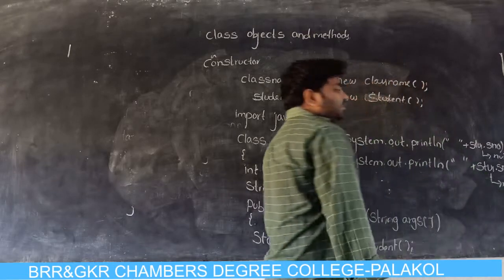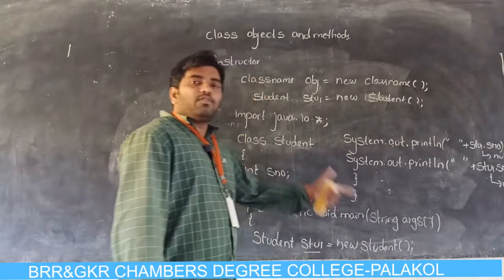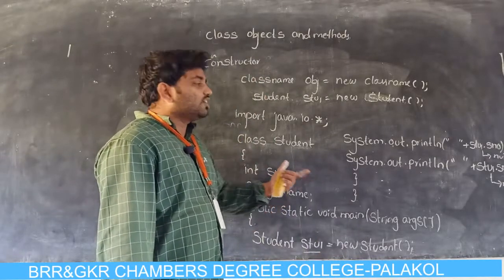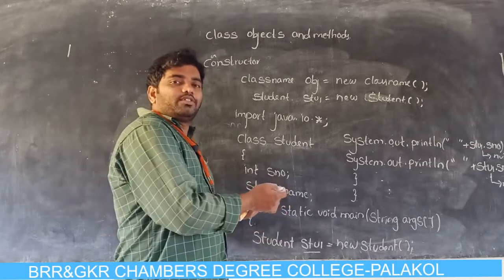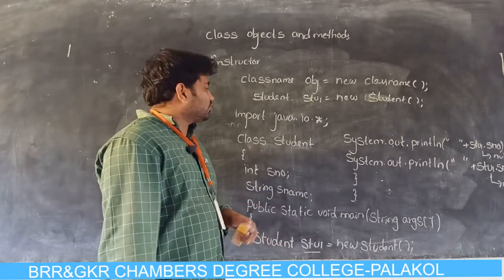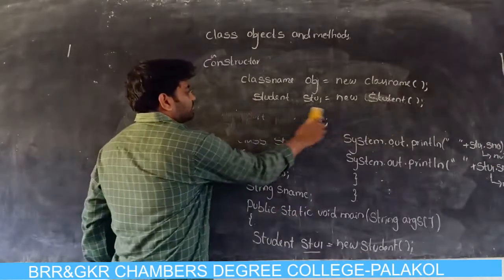Suppose you assign the values by creating the constructor. How to create a constructor in a separate block, position and representation? I write another example, following the rules.